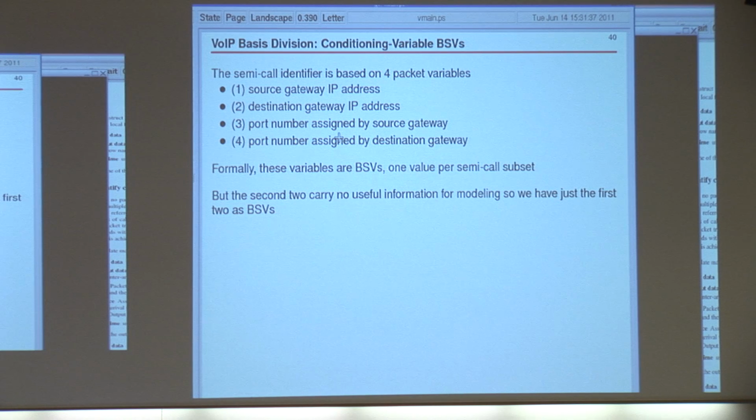It doesn't have any bearing on the traffic or anything we're trying to do in the modeling. It's just something that allows unique identification, but we've already got that. So they're formally between subset variables, but in fact, the ones we compute and keep are just source and destination gateway IP address.